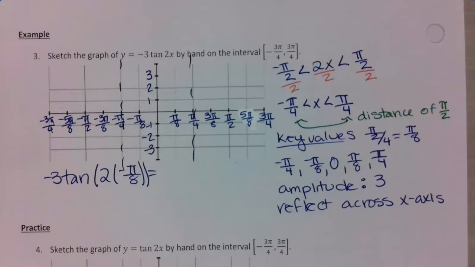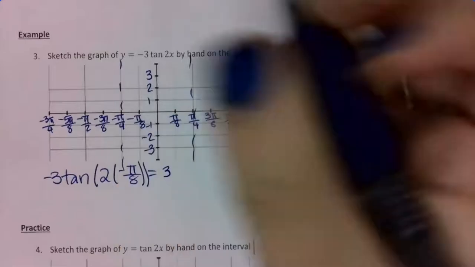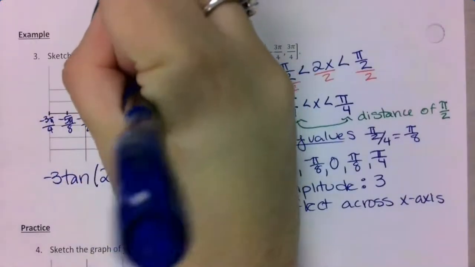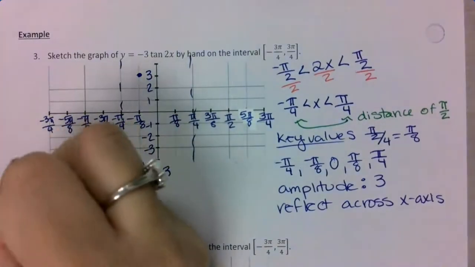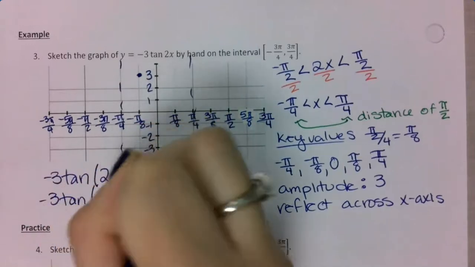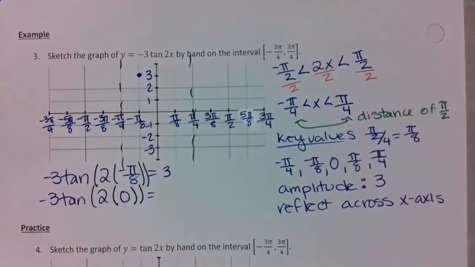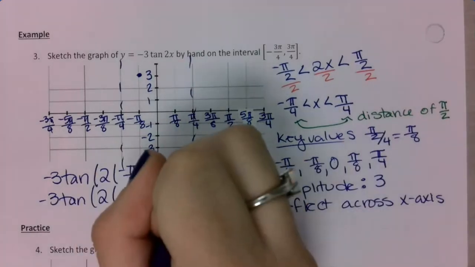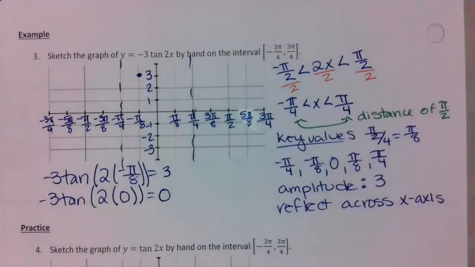Okay, so what do we get when we type in negative pi eighths? 3. Okay, then I'm going to go ahead and plug in 0. What does that one give me? 0.